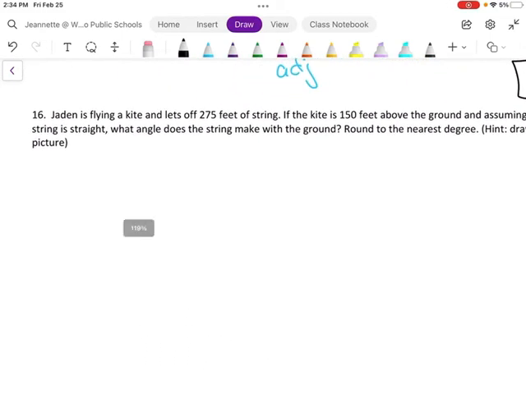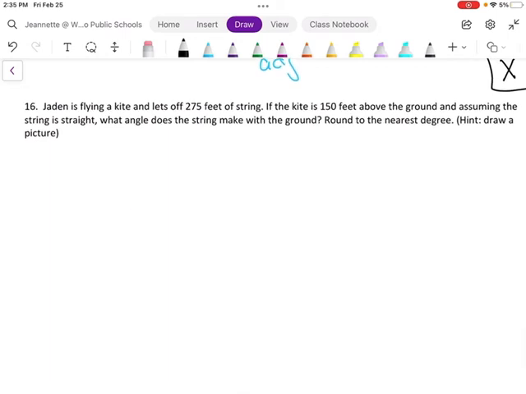Okay, we have one last example. And this one says Jaden is flying a kite and lets off 275 feet of string. So I'm going to start by drawing my kite over here. It's always got that tail going off of it. There we go. And we know that that string is 275 feet.